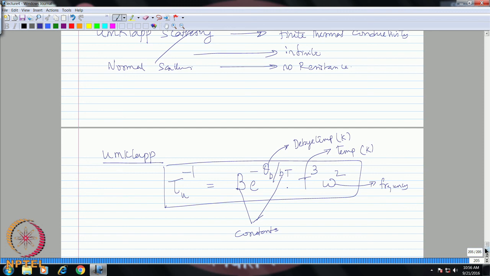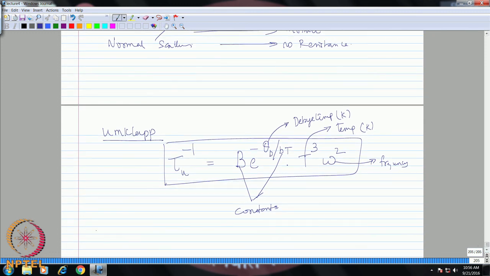Similarly, if you are looking at phonon-impurity scattering, the expression used is tau_I inverse equals A omega to the power 4, where A is also another constant. This phonon-impurity scattering can be imagined like Rayleigh scattering.